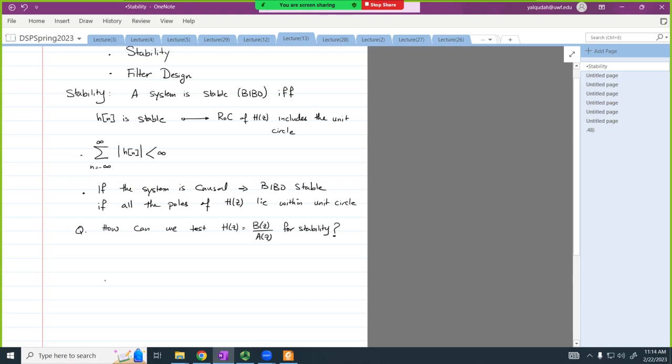What is the obvious option? See if the zeros of A of z are inside. Yes, see if the poles of the system, the zeros of A of z, are the poles. We can factor A of z and find the poles and see if they are within the unit circle.